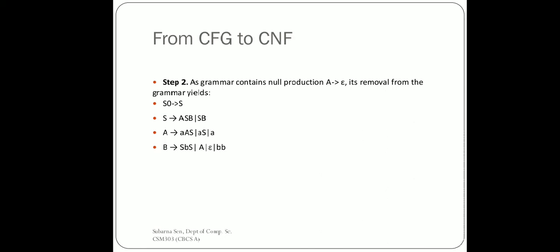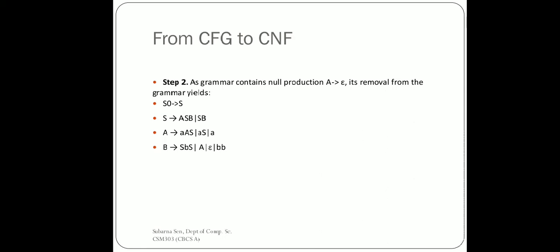So it can derive small a, capital S. So we have to write all the three at a time. Then we will remove the capital A part and we are done. Right, so if you see the second one, that capital A is deriving small a followed by capital S. So we have removed the capital A part, and the other production remains as it is. It is capital A can derive small a. Now just see this one.